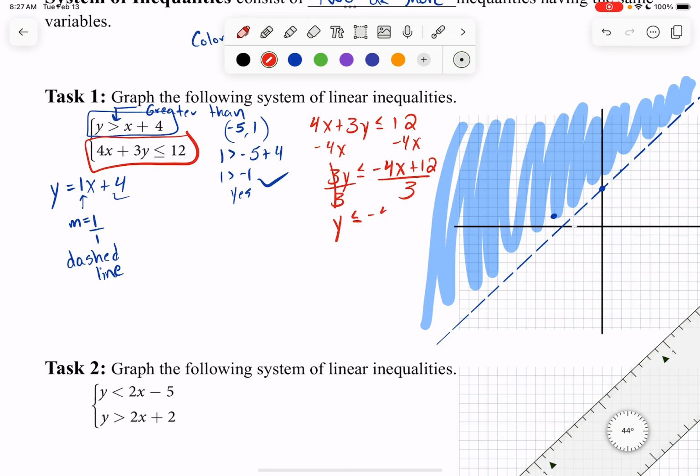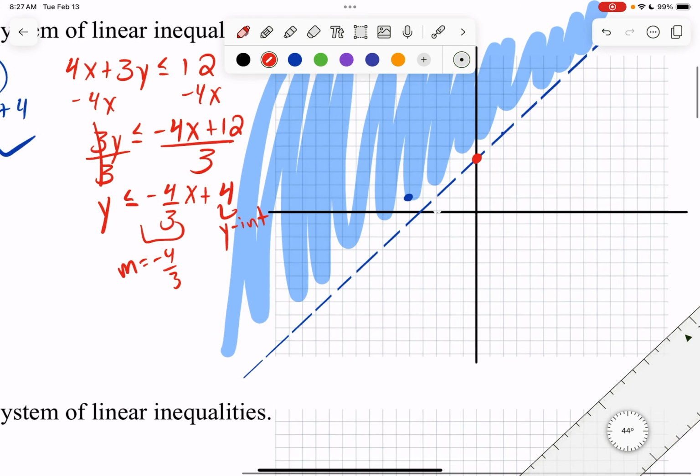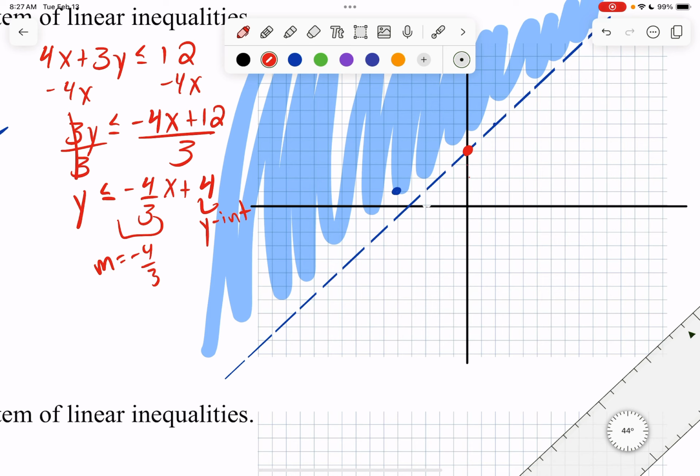So that would be negative 4 divided by 3 x plus 12 divided by 3, which is 4. So this one also has a y-intercept of 4, but this one has a slope of negative 4/3. There's the y-intercept. So this means I go down 4 over 3. So down 1, 2, 3, 4 over 1, 2, 3.